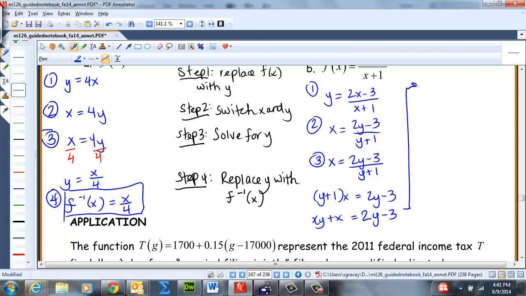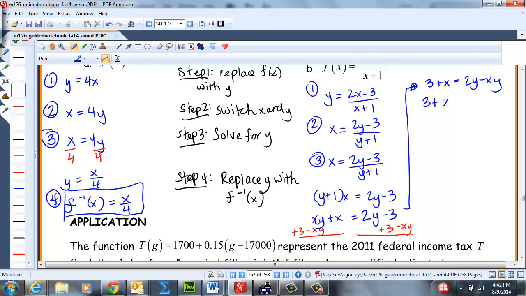We need to get the y's on the same side of the equation so we can factor out a y. So basically, I'm going to subtract xy from both sides, and I'm going to add 3. So then we'll have 3 plus x is equal to 2y minus xy.